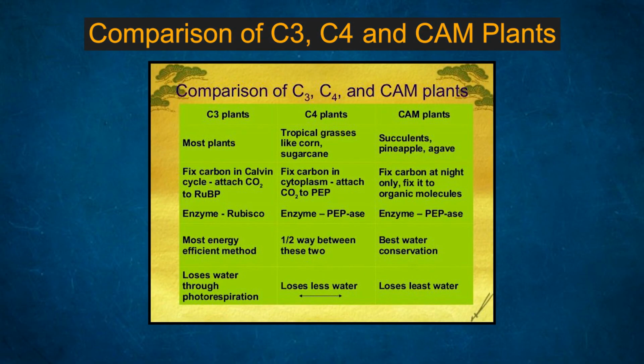If we compare the C3, C4 and CAM processes, obviously all plants exhibit the C3 process. The C4 process is exhibited by sugarcane, maize or other tropical grasses like panicum, whereas the CAM process is exhibited by succulents like pineapple, agave, etc. In C3 plants, carbon dioxide fixation is by the Rubisco enzyme, and the first formed photosynthetic product is phosphoglyceric acid, whereas in C4 plants, carbon dioxide fixation is by PEP carboxylase, and the first formed product is C4 oxaloacetic acid.